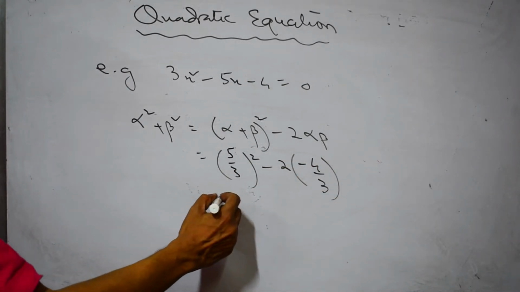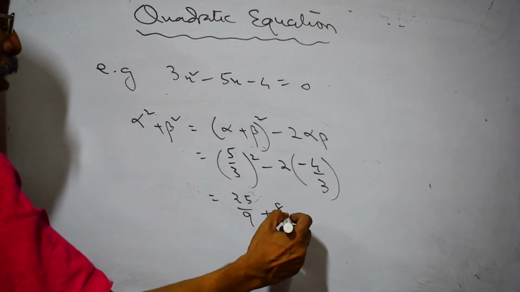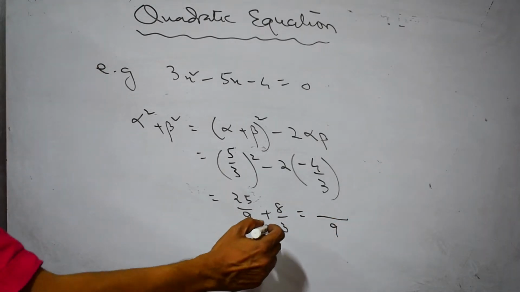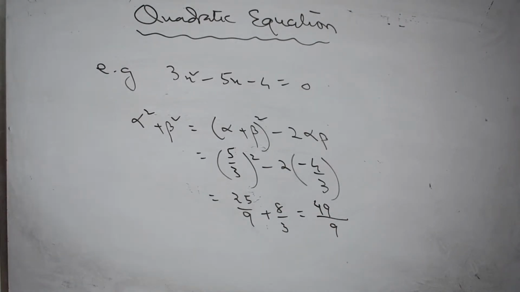So your answer will be 25 by 9 plus 8 by 3. If you take the LCM, this is 9 and that will be 24. So 49 by 9 will be alpha square plus beta square.